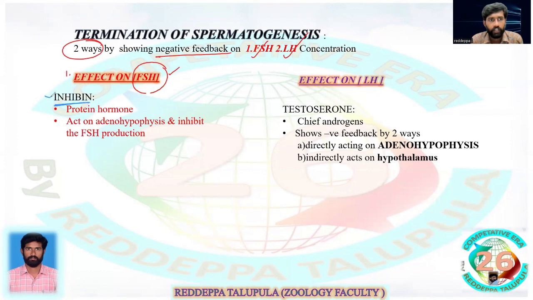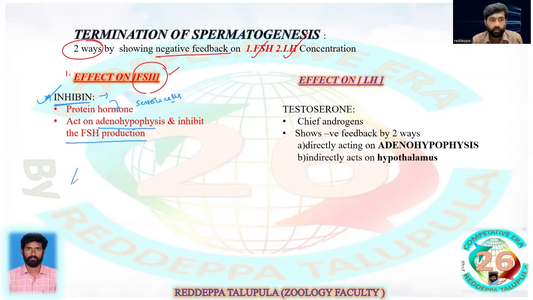Inhibin, a protein hormone secreted by Sertoli cells, acts on the adenohypophysis and inhibits FSH production. While discussing the hormonal action on Sertoli cells in the previous slide, I already gave the direct and indirect pathways created by inhibin during negative feedback on the concentration of FSH.